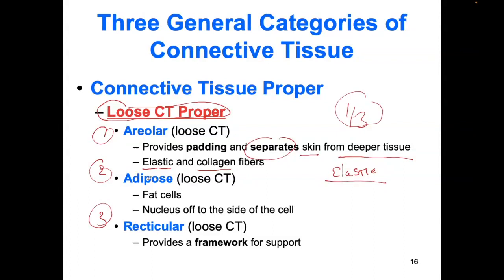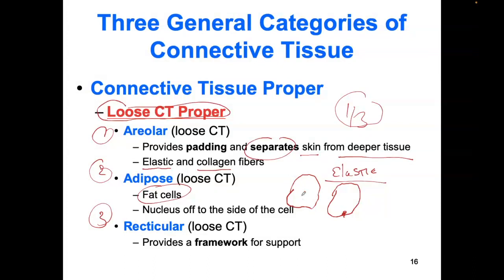Adipose, these are fat cells. Now, here's something that's kind of interesting. These two cells look like a similar shape, and often under a microscope, a fat cell or an adipocyte looks like a squamous cell. They're flat and irregular.